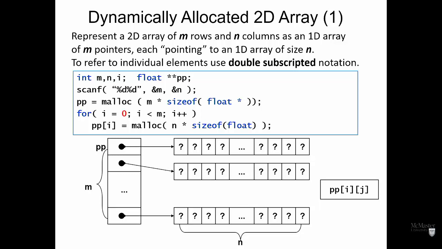Now, because you do each of these malloc things separately, and focus on this because this is important, I can encounter the case that the compiler is executing my code. I allocated the first array, good. I go through the loop, allocated this, and the third one, I found I don't have enough memory. What would happen? You created this and these two, but the remaining ones cannot be created.